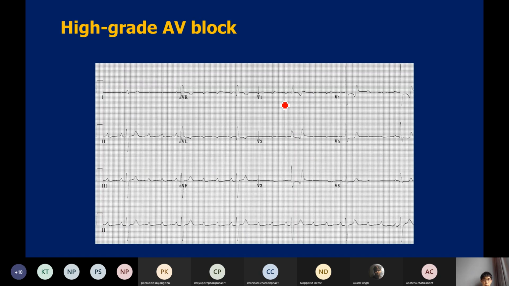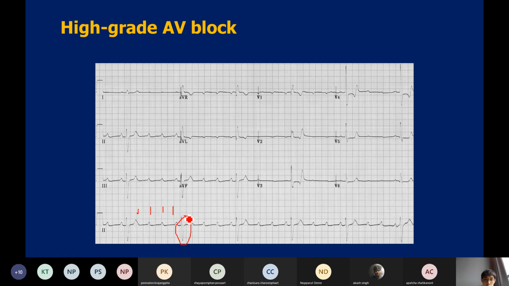And with a more severe AV block, this EKG shows the high-grade AV block. The high-grade AV block is a block that is more severe than the second degree, but has not reached complete heart block just yet. Here you can see that there are 4 P waves, but the conduction only conducts one QRS.